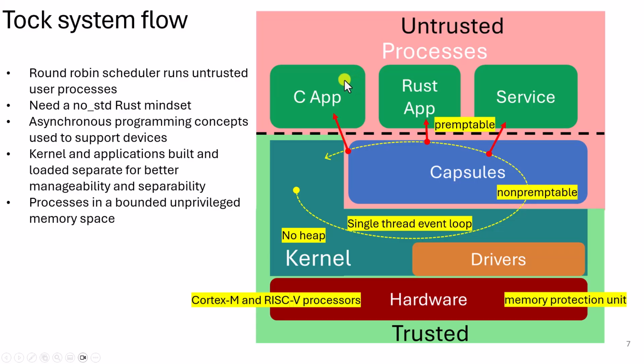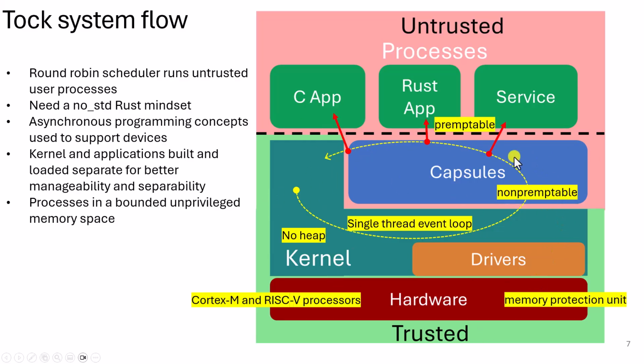These processes don't have their own unique address space, like, let's say, in a Linux environment, but they all share a space that is different from the kernel, so they're untrusted.